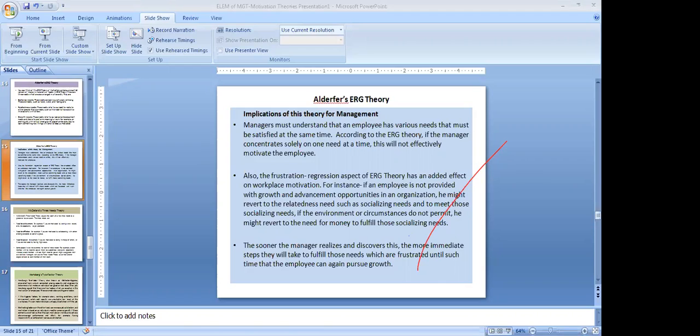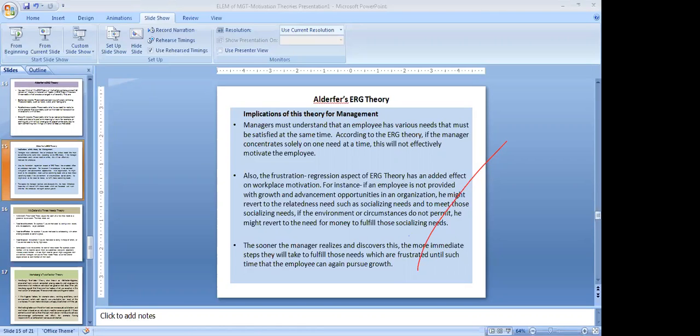This may also cause them to seek more relatedness needs. So they may begin to socialize with other members of the same team. And finally, if they are unable to satisfy this relatedness need, they may seek to further satisfy existence needs.